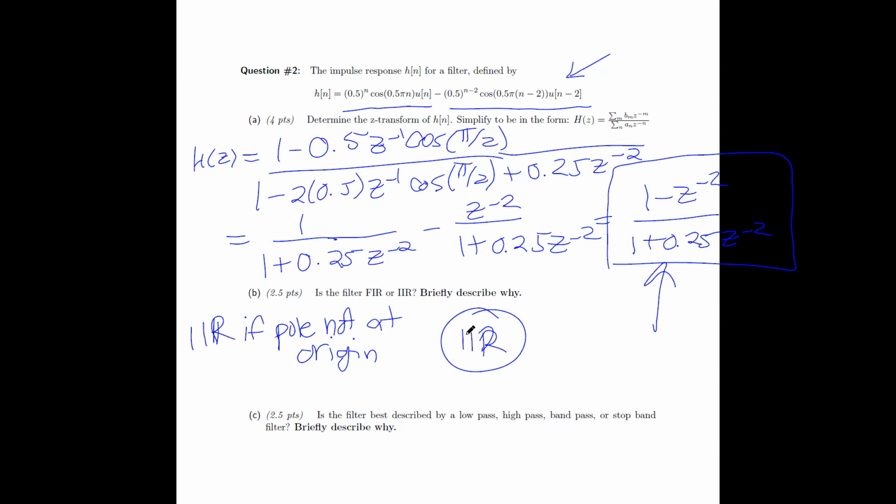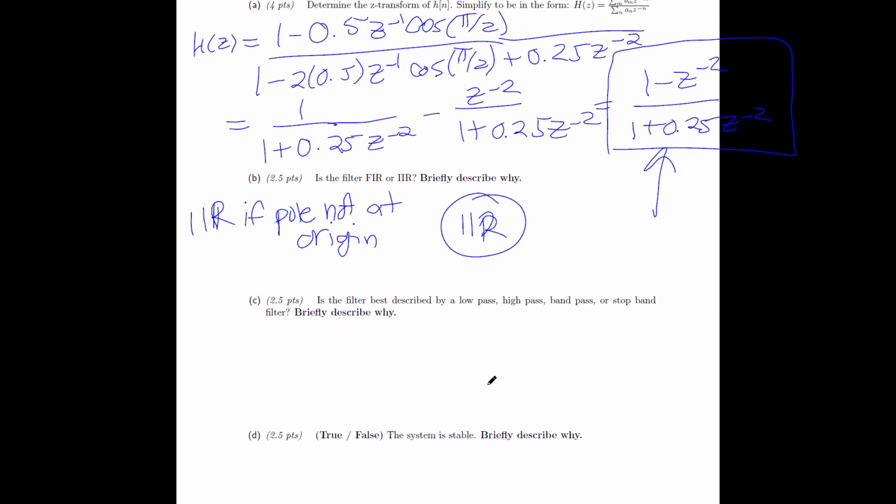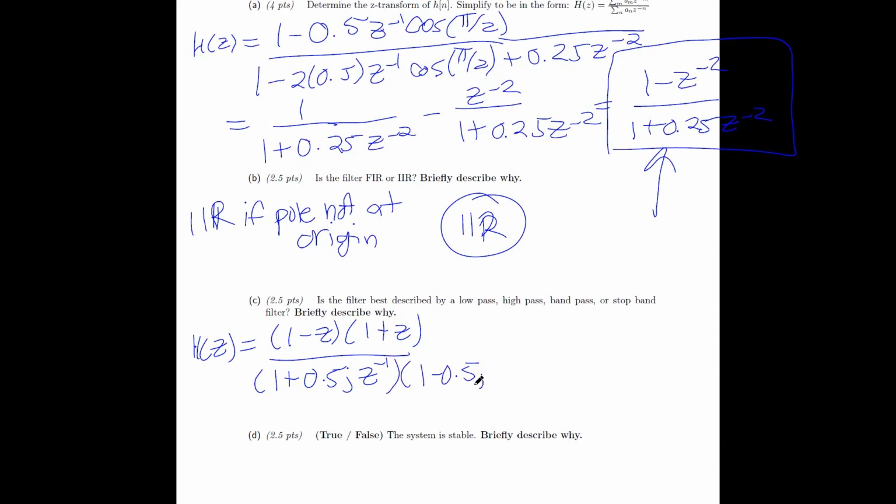Part C, is the filter best described by a low pass, high pass, band pass, or stop band filter? Briefly describe why. How I would probably go about this is to draw the pole zero plot and imagine what it looks like. So if I factor the above, I'll get 1 minus z to the negative 1, 1 plus z to the negative 1, over 1 plus 0.5j z to the negative 1, 1 minus 0.5j z to the negative 1.